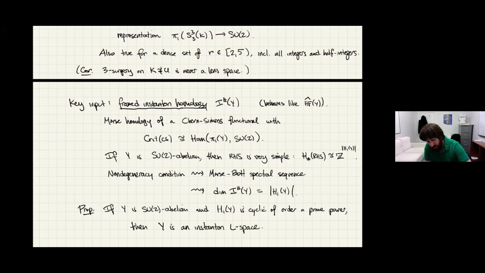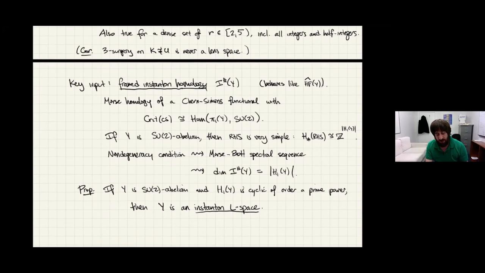Again, if you're more familiar with Heegaard-Floer homology, we call a manifold an L space exactly when its HF hat has dimension equal to the order of its first homology. This is just exactly translating those words from Heegaard-Floer into I sharp, and treating it essentially as a black box. But it has a nice property that because it's related to the fundamental group, when the fundamental group is simple in a nice way, this SU2 abelian property, then we know that we get an L space for free.